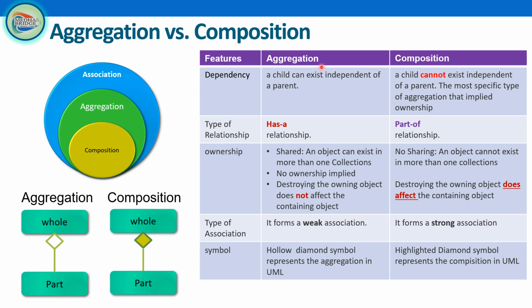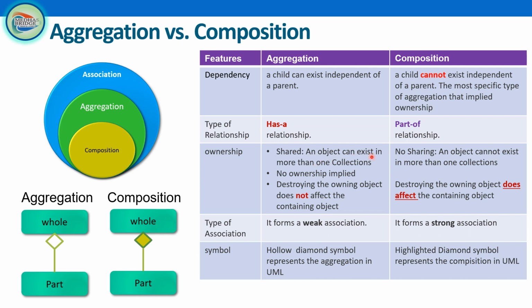In aggregation, a parent and a child can exist independently. In other words, a child can exist independent of the parent. It's also known as a has-a relationship. Parent has a child. It is a sort of shared object.